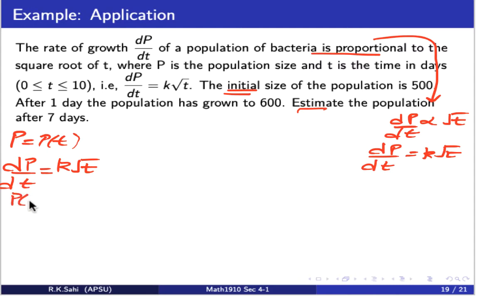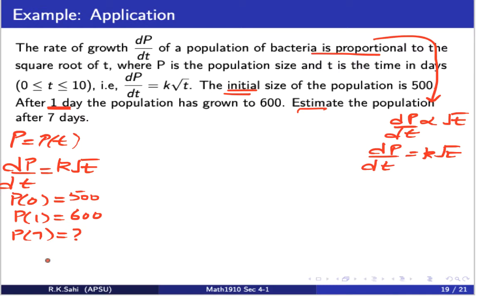It means P of 0, because remember, P is the population of the bacteria, so when time is 0, P0 is 500. And after 1 day, that means when t is 1, the population grows to be 600. The question says, find the population after 7 days. That's what our question is.